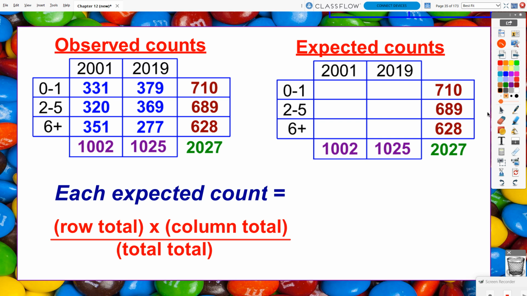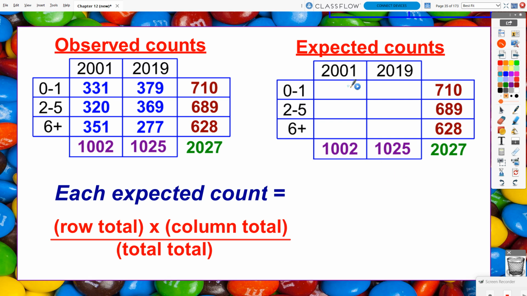But it's going to be a little different with a test of homogeneity. The way that we're going to calculate the expected counts is to take the row total times the column total divided by the total total. By the total, I mean the true grand total of, in this case, our combined populations from 2001 and 2019.